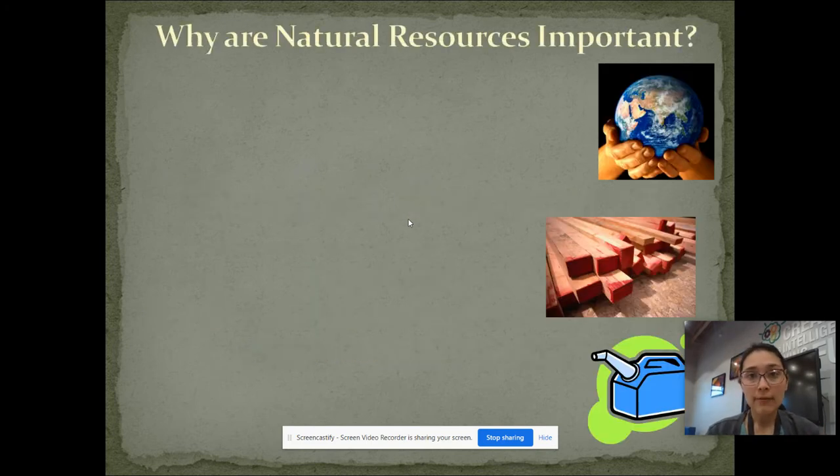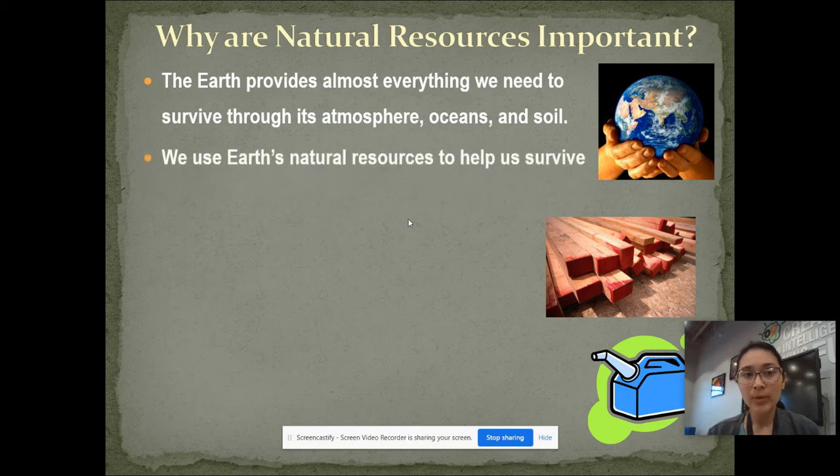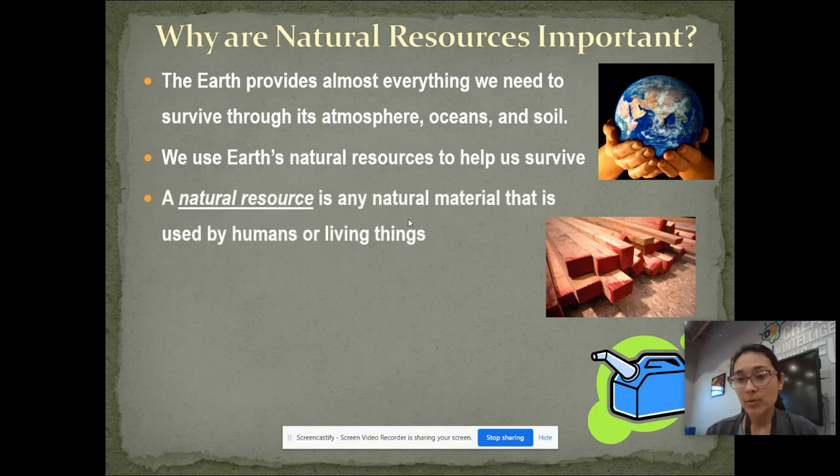Okay, so first off, why are they important? So what are natural resources and why are they important to us? So natural resources, the earth provides almost everything we need to survive, through its atmosphere or the air, the oceans, and our soil. We use these natural resources to help us survive. So natural resources are any material that comes from the earth. So that means living things, humans, trees, grass, soil, everything.